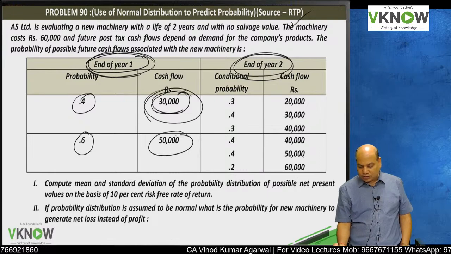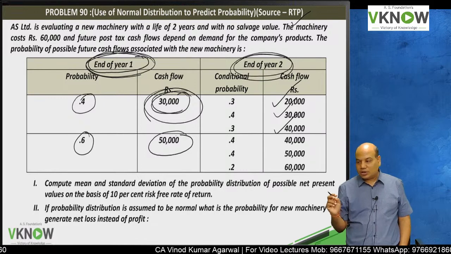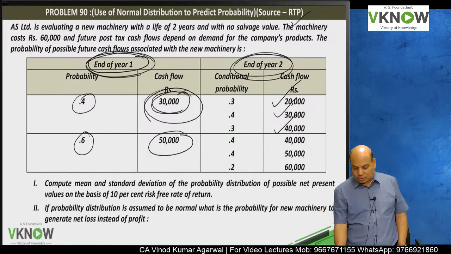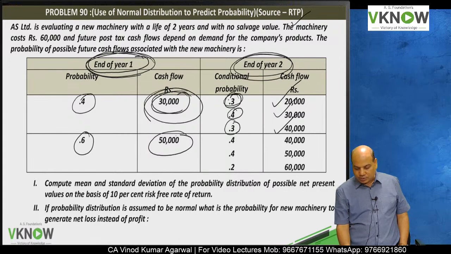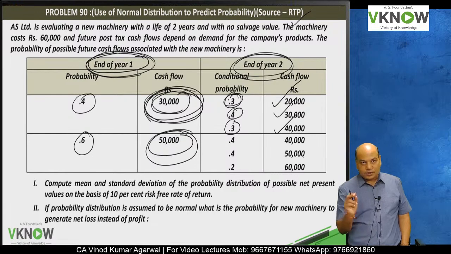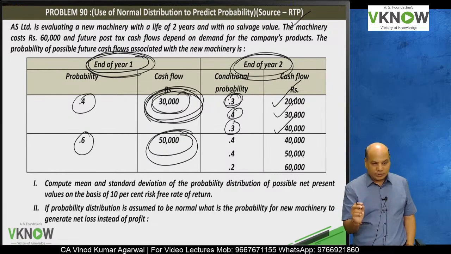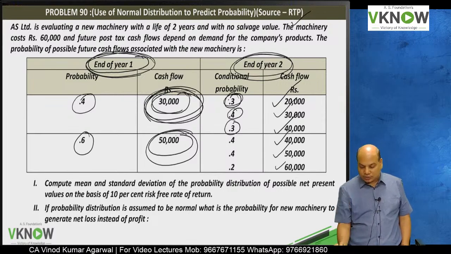If it is 30,000, then it can be 20,000, 30,000, 40,000 with these probabilities. These probabilities depend on what happened in the first year. Then if first year cash flow is 50,000, your second year cash flow can be 40, 50 or 60,000 with these probabilities.